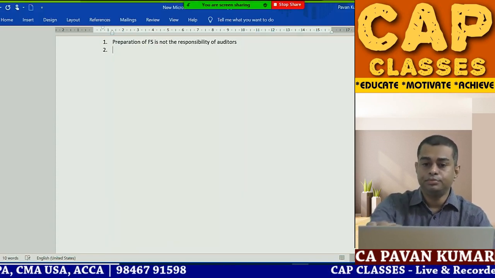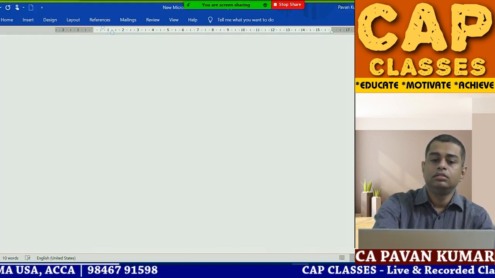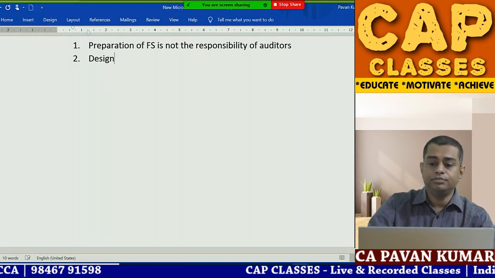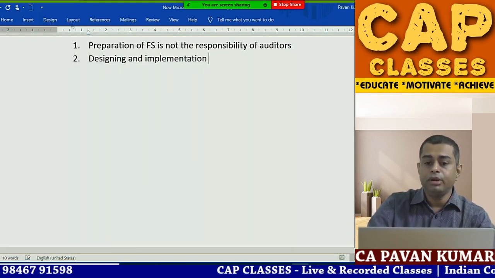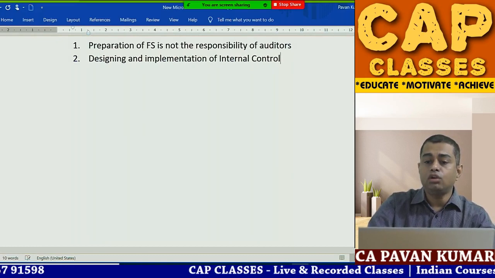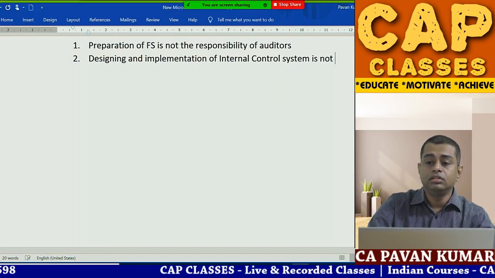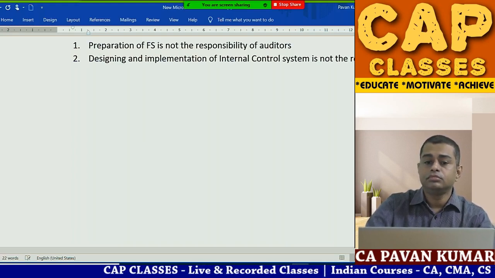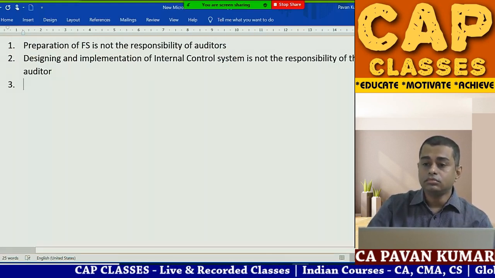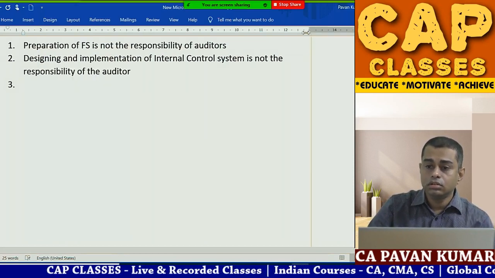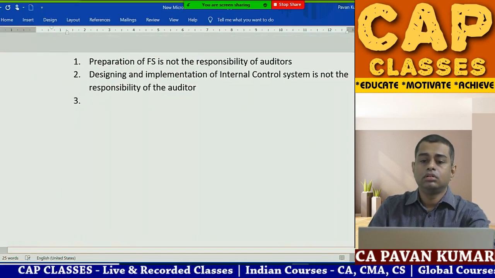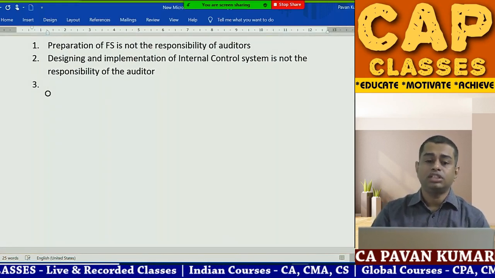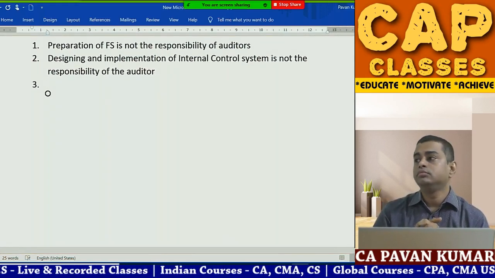Point number 2: designing and implementation of internal control system is not the responsibility of auditor.